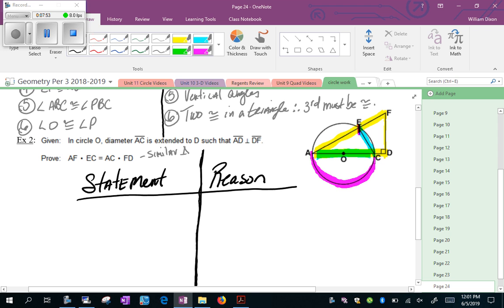So I know that angle E has to be a right angle. I have angle D is a right angle that was given to me. And I also should see that angle A is shared by both. So there's where I'm going to get my angle, angle. Those are my thoughts. All right, so let's write it up.